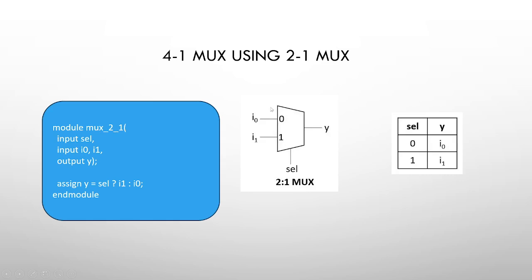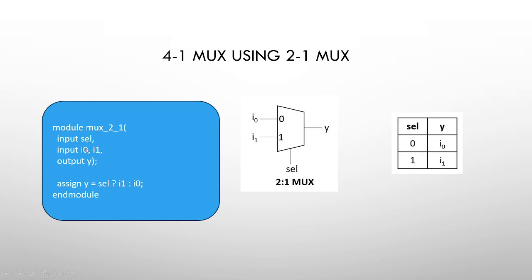What are the inputs here? I0 and I1, so input I0, I1, and then the selection line SEL. These three are the inputs. You can either write it like this, or you can write input select, I0 and I1 here itself, so you don't need to categorize them separately.